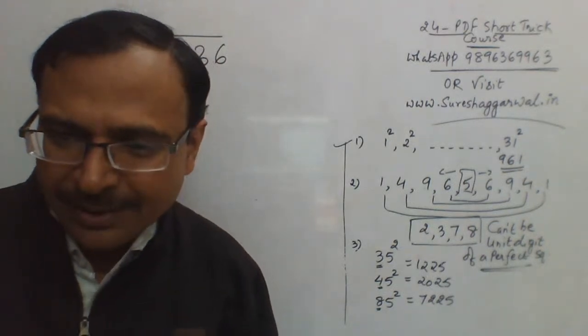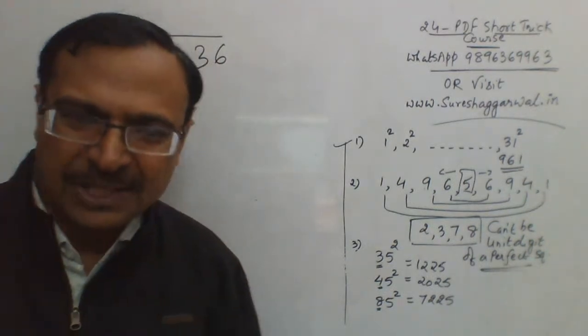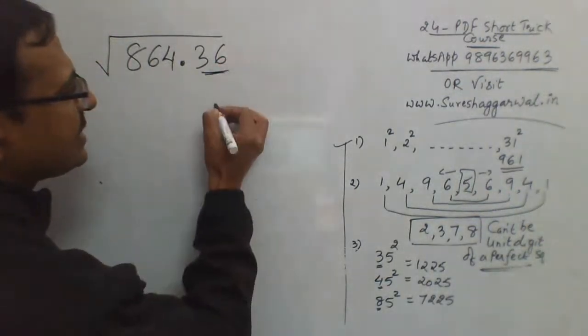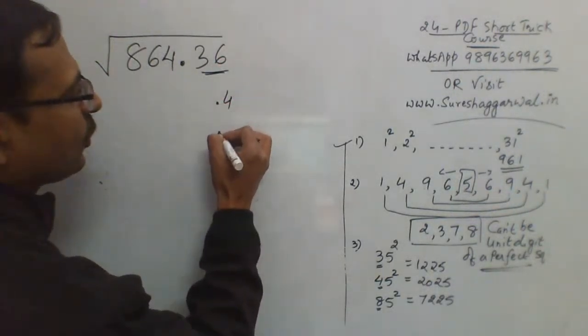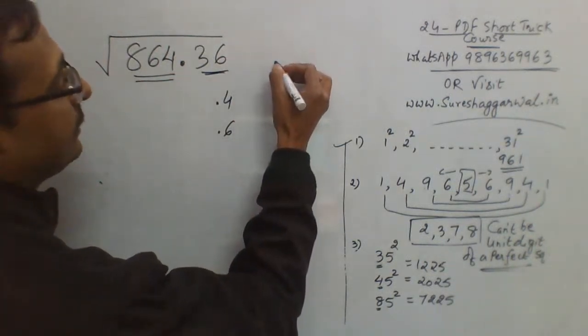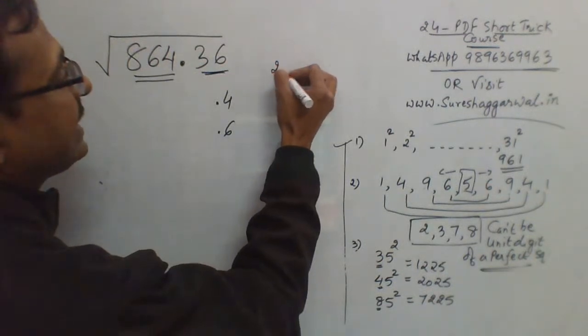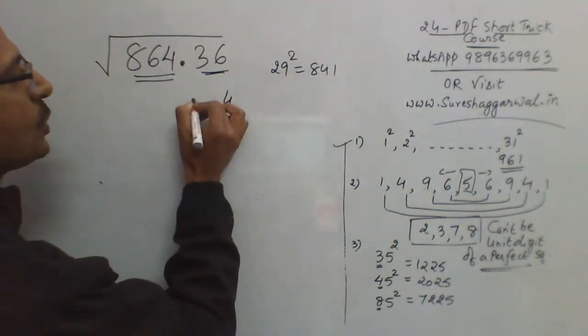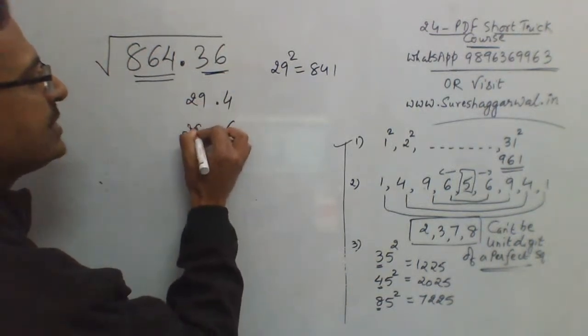Okay, thank you. So how do you do this? Ending with 6, so my answer will end with 4 or 6. 864 for me, 29 square is 841, that is the closest. So 29.4 or 29.6.